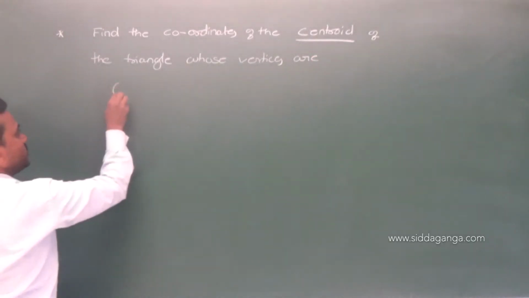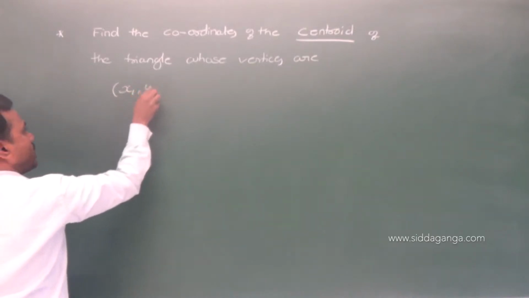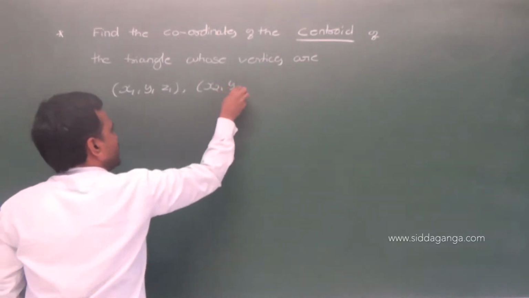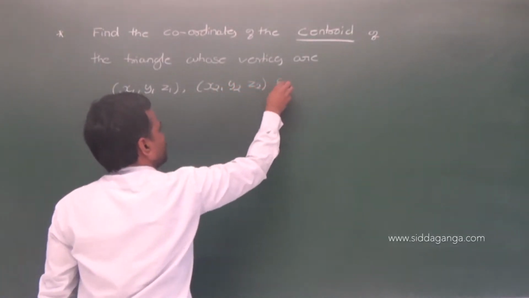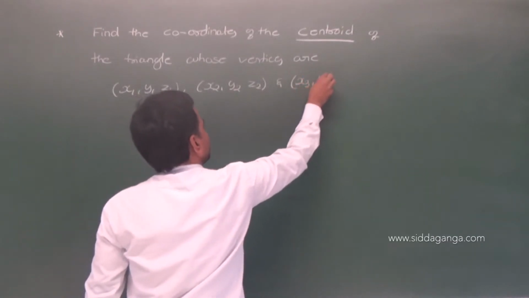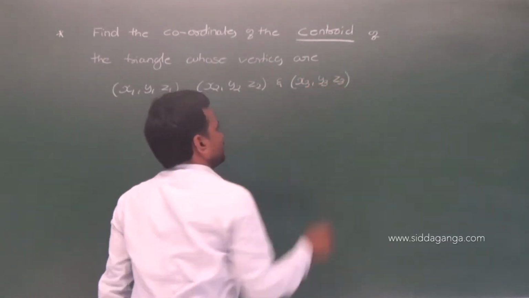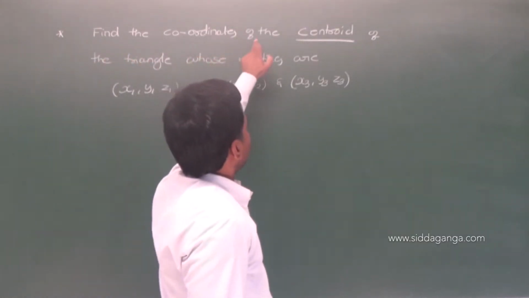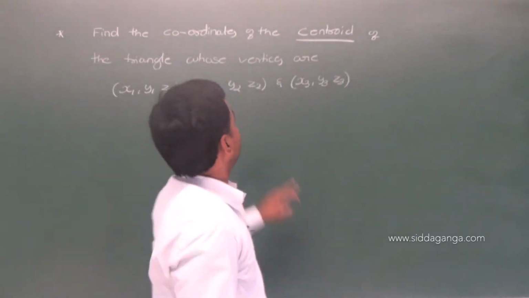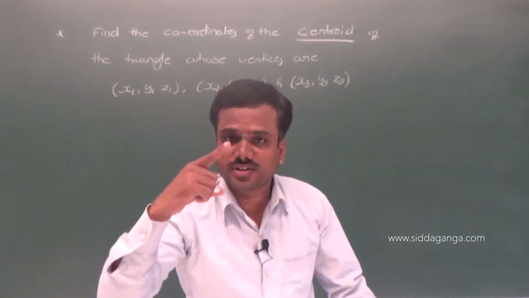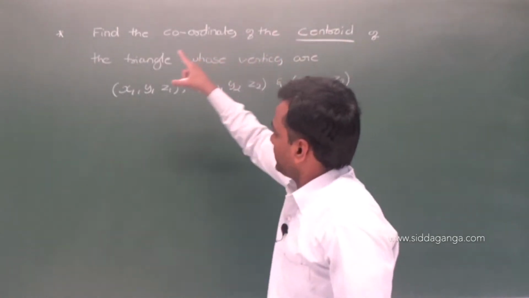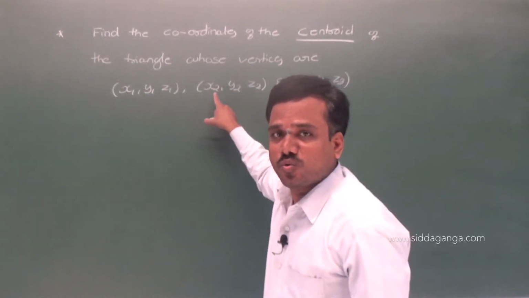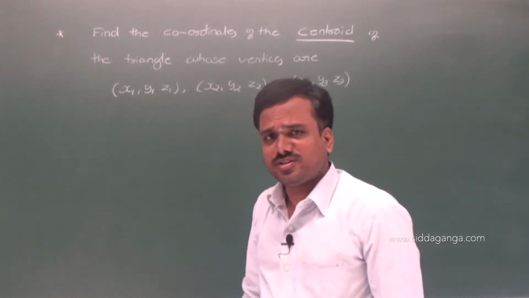So we write the vertices x1, y1, z1, x2, y2, z2 and x3, y3, z3. Find the coordinates of the centroid of the triangle whose vertices are x1, y1, z1, x2, y2, z2 and x3, y3, z3.